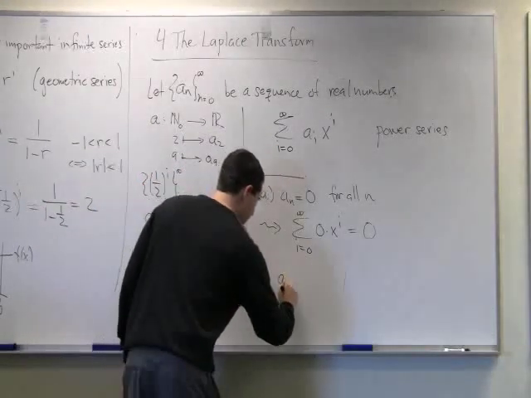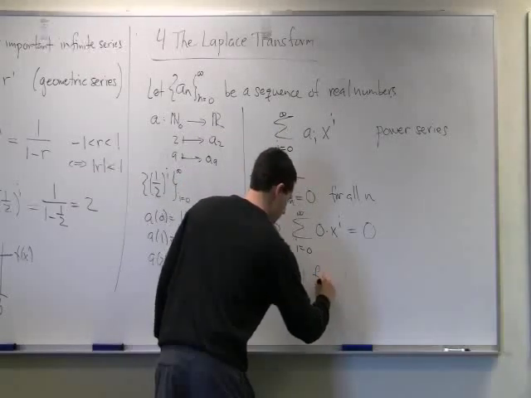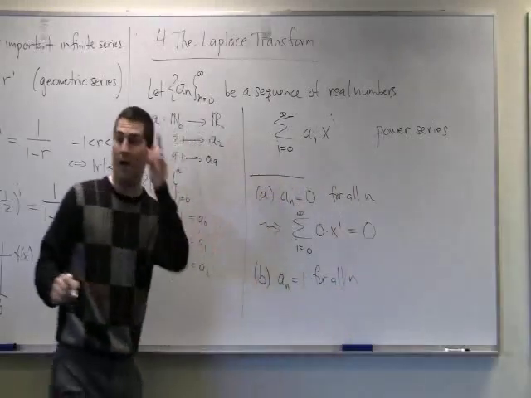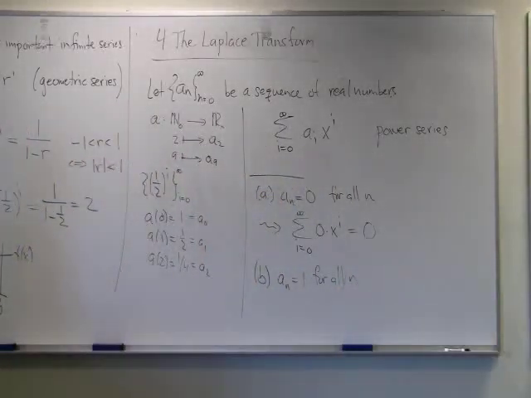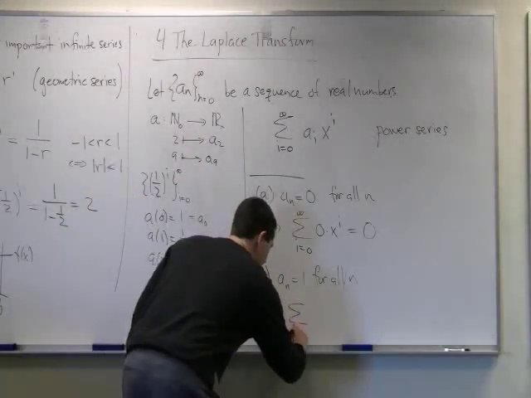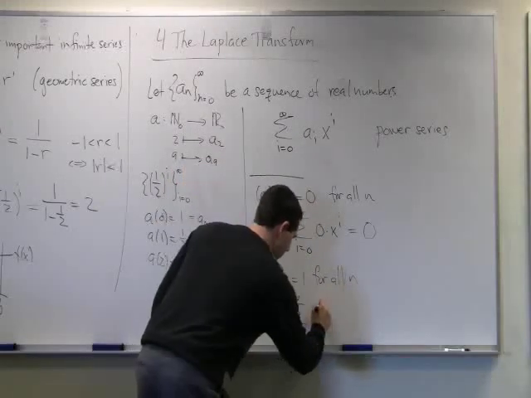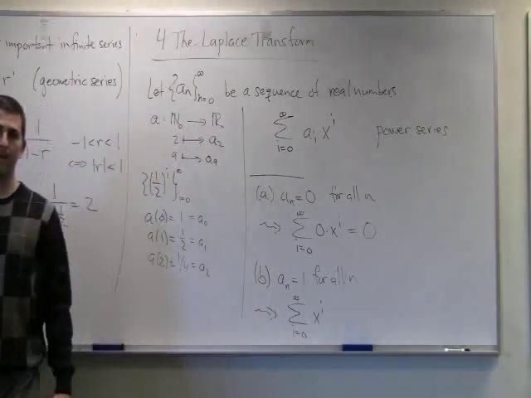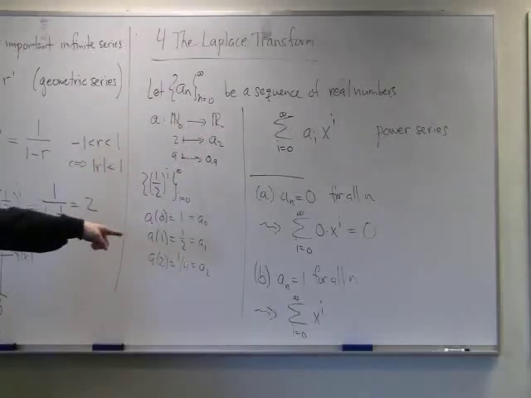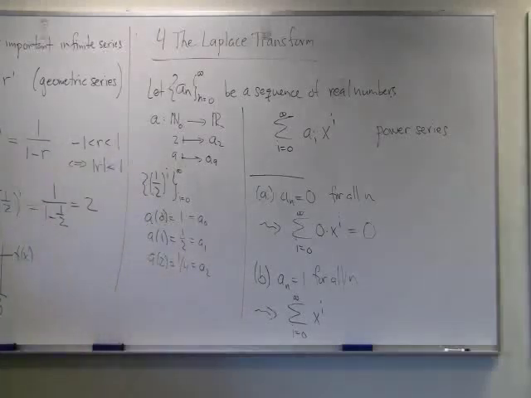What if I made it just slightly more interesting? We'll make a sub n equal 1. This doesn't look much more interesting, but it is. Well, the coefficient is always just 1, so it's just x to the i. But this we've seen today. That's our geometric series.